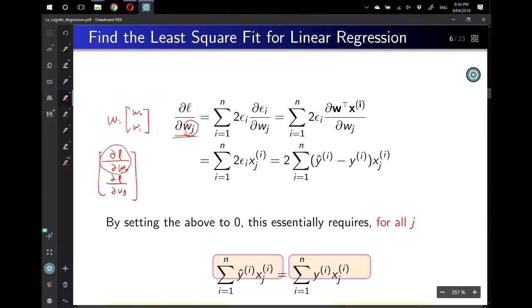You do the partial derivative for each component and put them into a vector. This gives you the gradient. Okay, so basically we can say you take the gradient of the function, which gives you a vector. If the variable you take the gradient with respect to is a vector, the output will be a vector. So here we actually do it just individually. If you are not familiar, just do it individually.